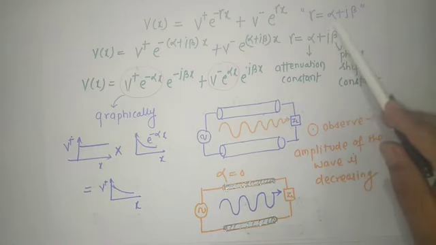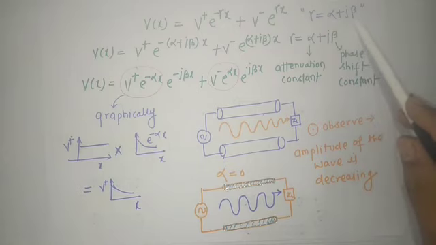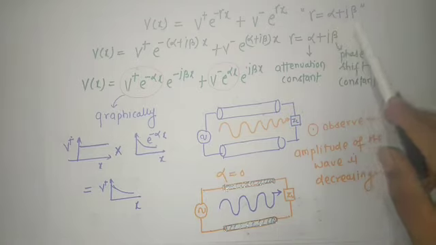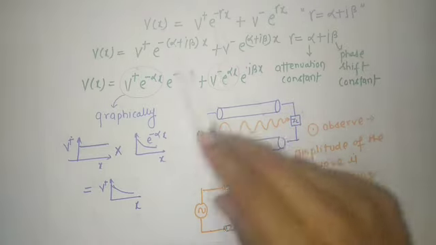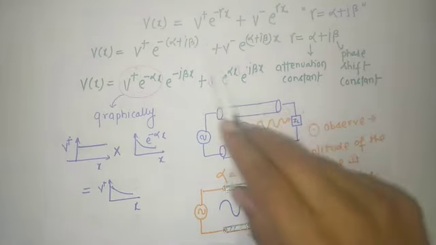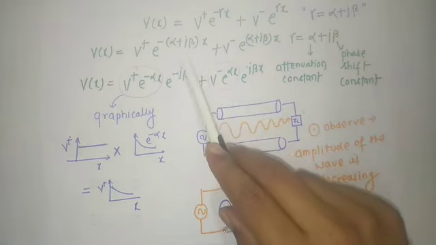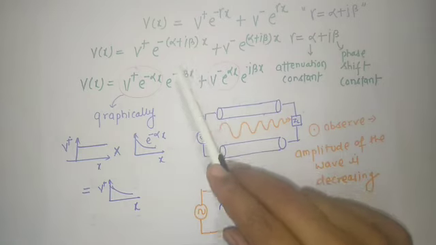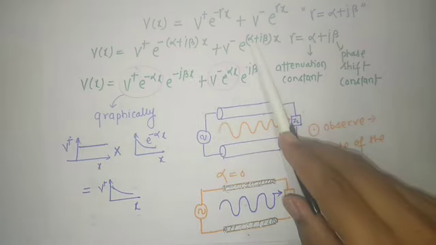Alpha is known as the attenuation constant and beta is known as the phase shift constant. Replacing gamma by alpha plus j beta, I can write the above equation in this way.